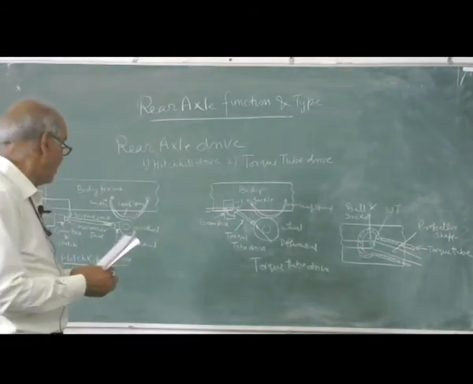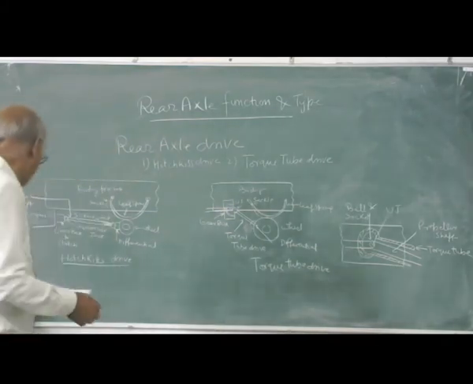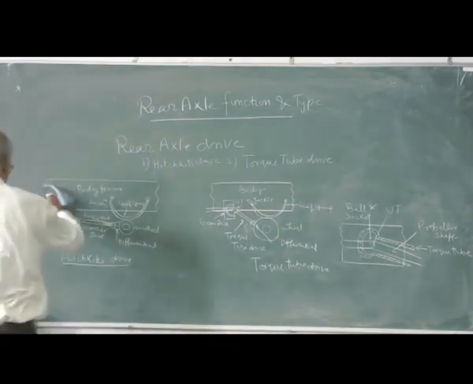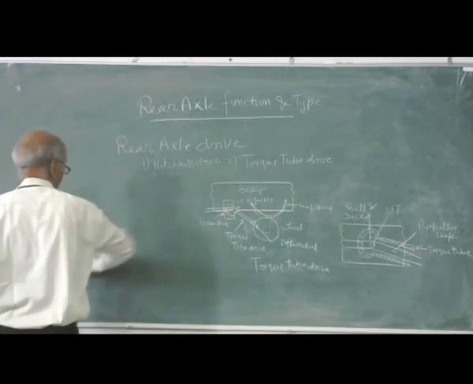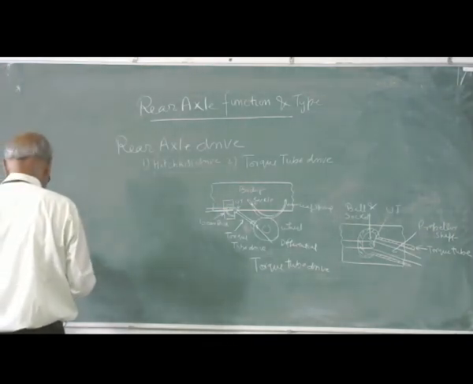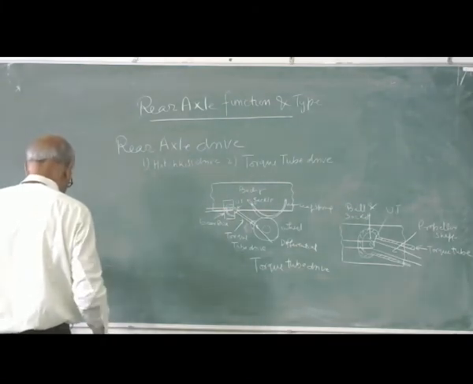Now, let me write the advantages of this type of drive. First, I will deal with the Hotchkiss drive. Hotchkiss drive, simple and most popular form of the rear axle suspension.